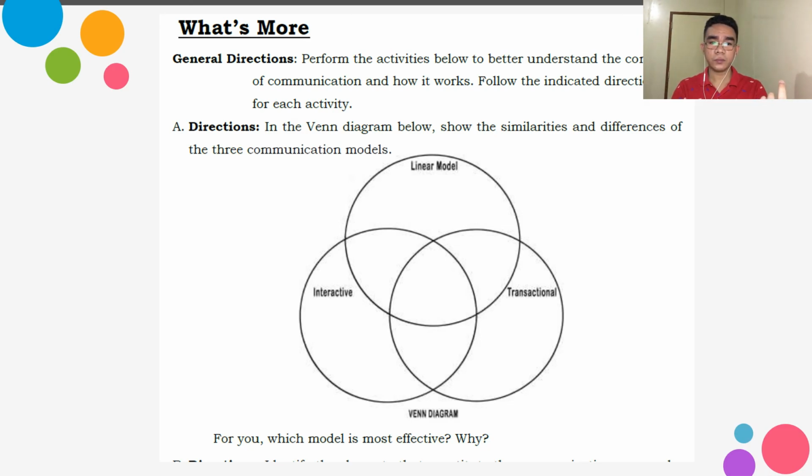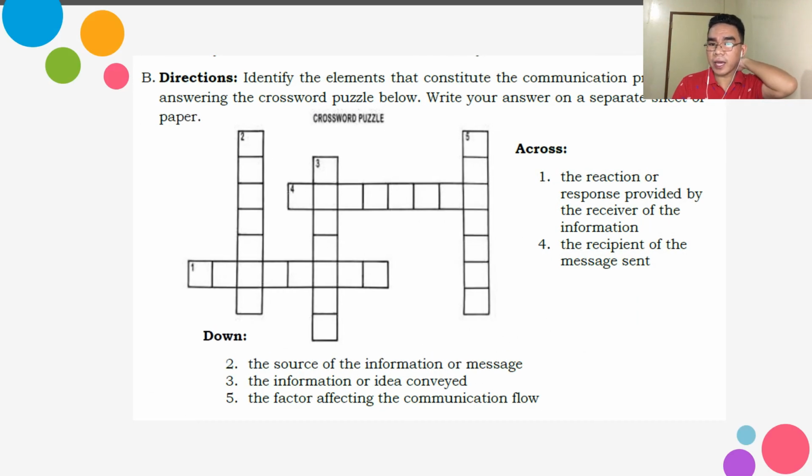Next, you will identify the elements that constitute the communication process by answering the crossword puzzle below. You have to write your answer on separate sheets of paper. So you have the instructions there. You will just have to fill out the appropriate word per box.